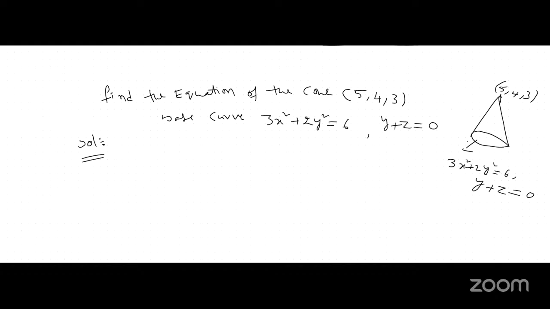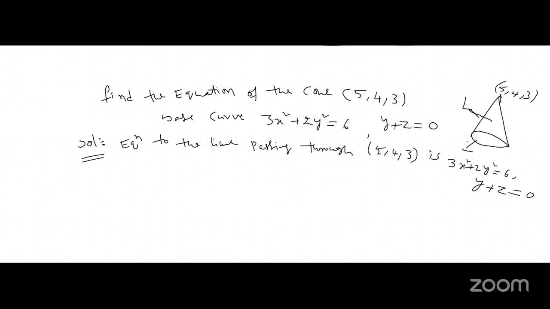First find the equation of the line passing through (5, 4, 3).